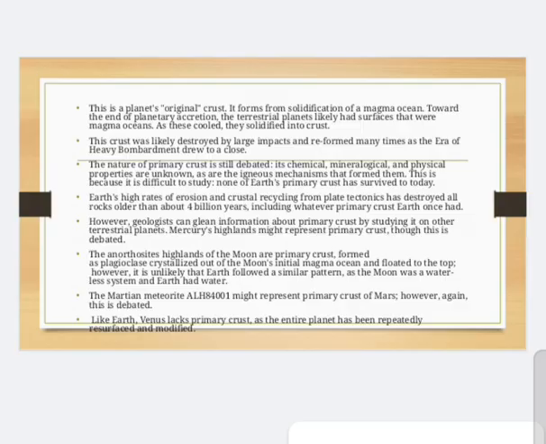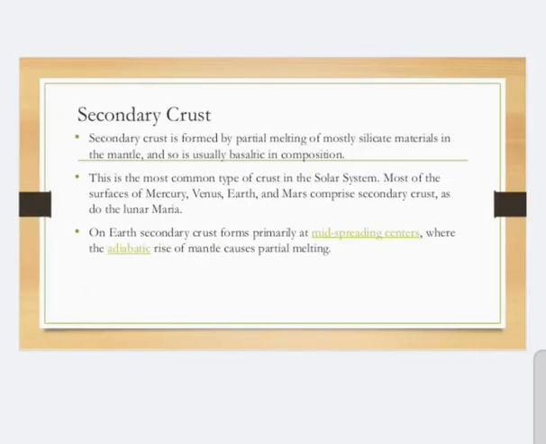However, geologists gain information about primary crust by studying other terrestrial planets. Mercury's highlands might represent primary crust. The Martian meteorite ALH84001 might represent primary crust of Mars. However, again this is debated.